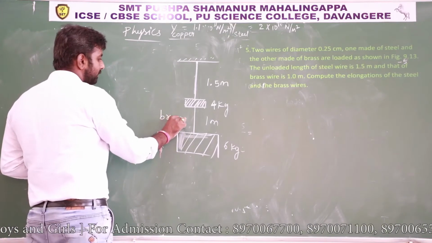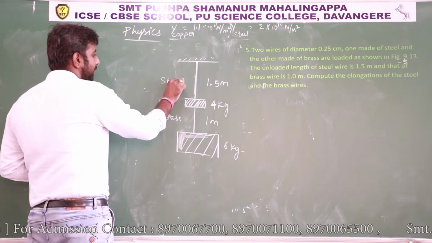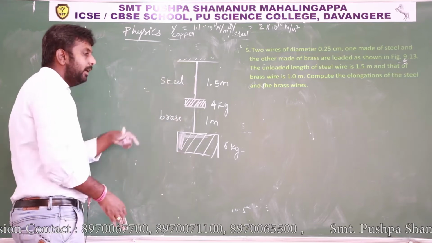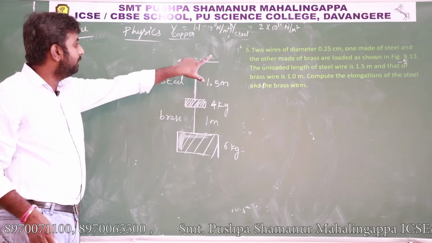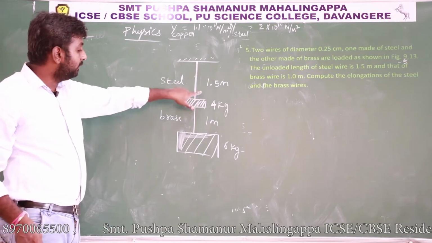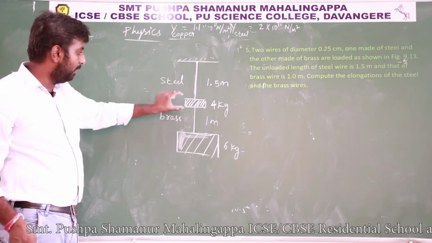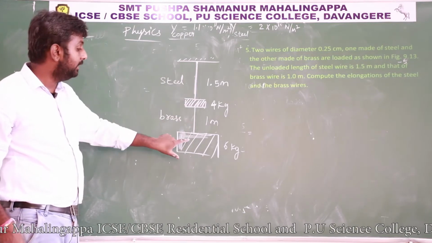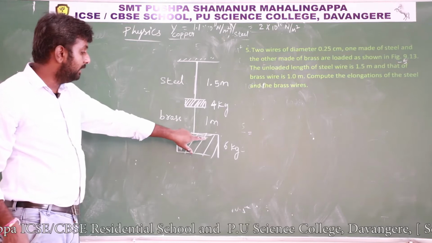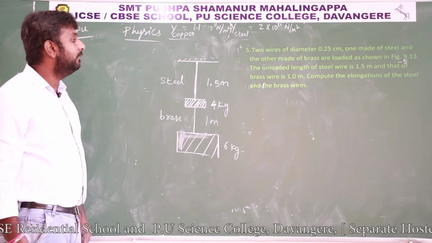This is brass and this is steel. So the length is given as 1.5 for the steel wire with a 4 kg block added, and for the brass wire the length is 1 meter with 6 kg weight added.